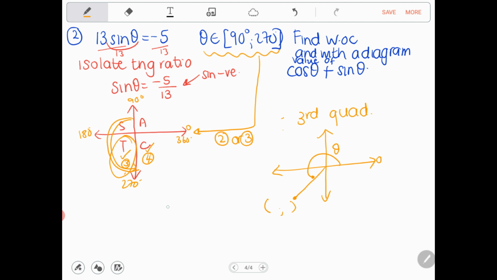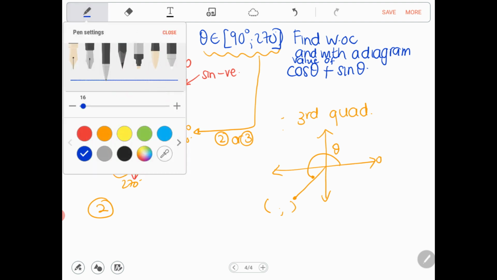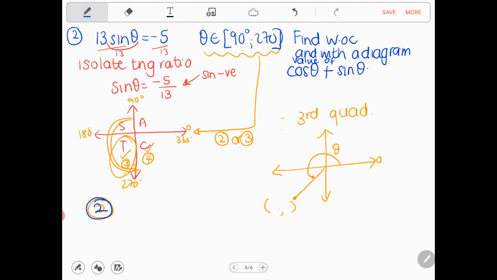So step 2: we know that sine theta is -5 over 13. Sine is y over r.